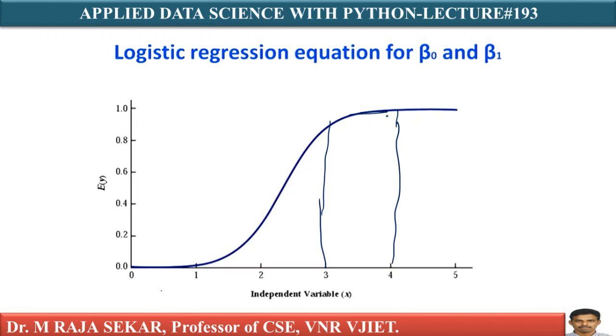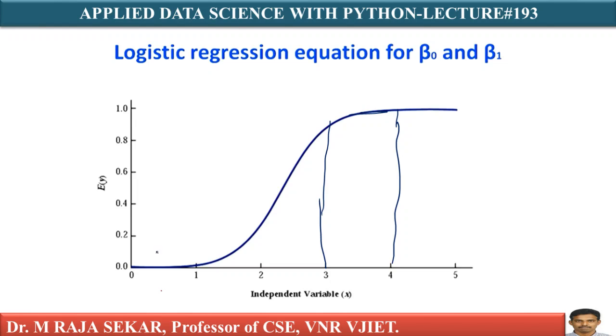There is a higher chance that the expected value of y will be 1 as x increases. When x is above 3, I can say the expected value is almost 1.